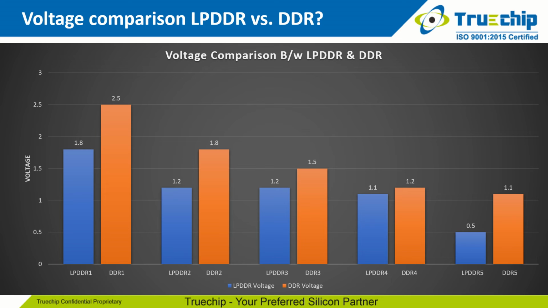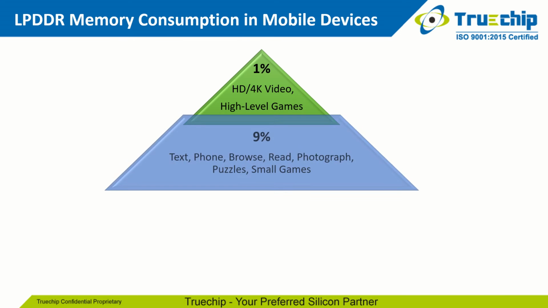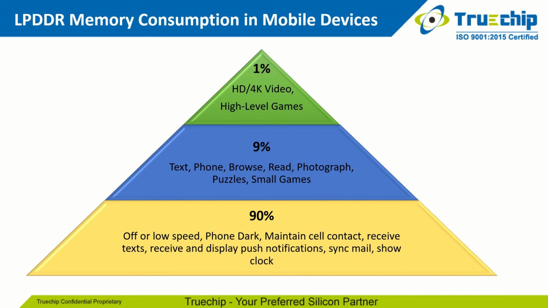LPDDR devices have always been a great option in terms of power consumption with respect to DDR. The memory consumption of LPDDR SDRAM in mobile devices or any other devices looks something like this. It is estimated that 90% of the time the mobile or tablet would be off in low speed mode.